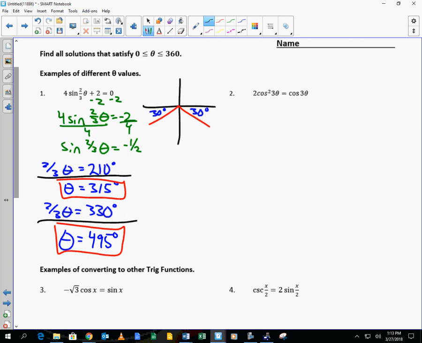So I multiply both sides by 3/2. You're going to want to either divide by 2/3 or multiply by 3/2. Yep. Okay, so when I originally set up the problem to solve, you can see that 2/3 theta is 330, 2/3 theta is 210.